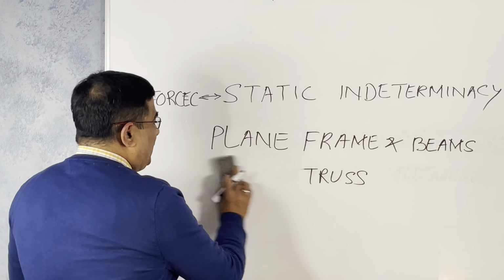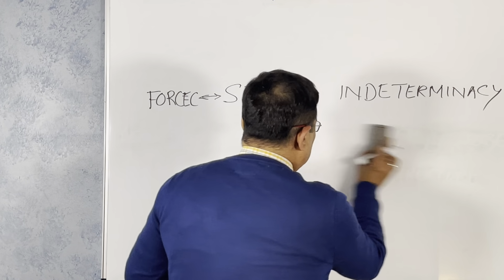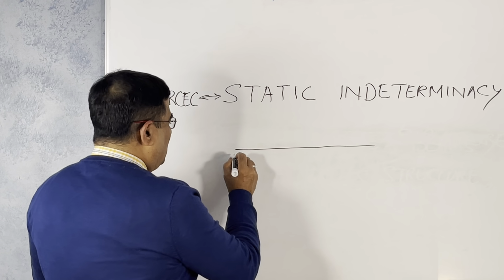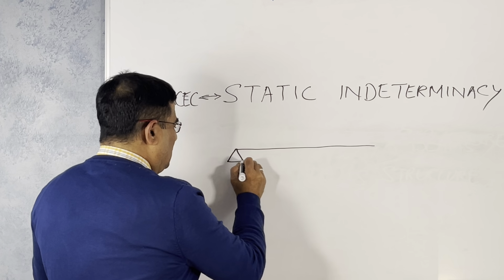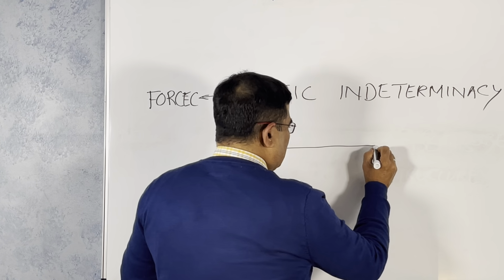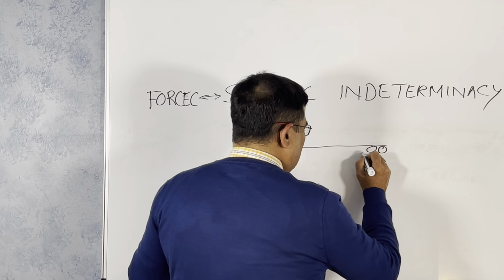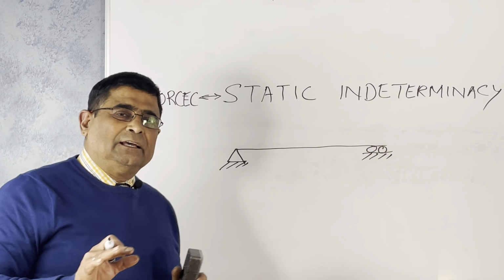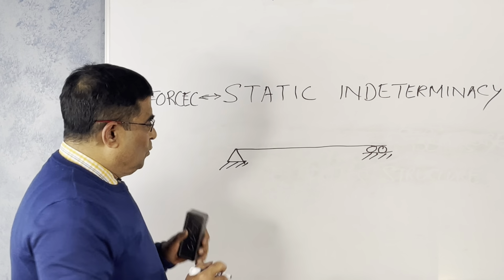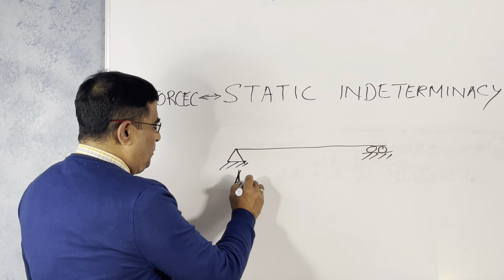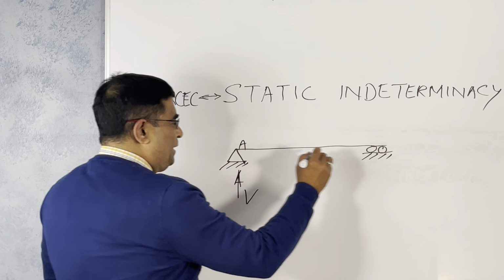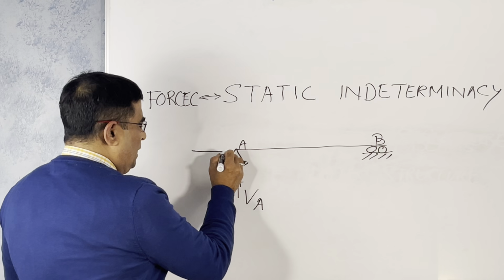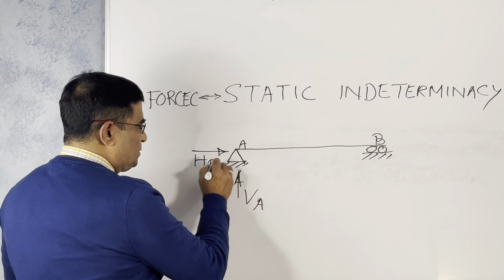But before doing that, we need to have the support conditions. If it is a beam, if it is a hinge on this side and roller supported on this side, this type of structure is called simply supported. Why simply supported? If this is point A and this is point B, VA is the vertical reaction there and HA is the horizontal reaction there.